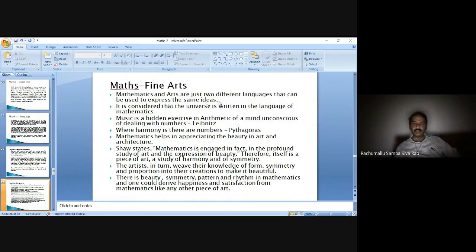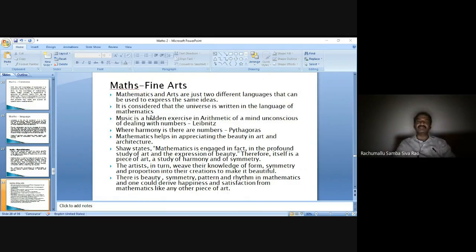It is considered that the universe is written in the language of mathematics, as we discussed earlier in the definitions of mathematics. It is one of the sayings about mathematics.